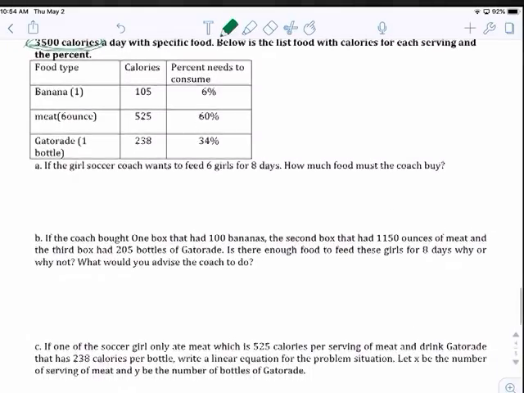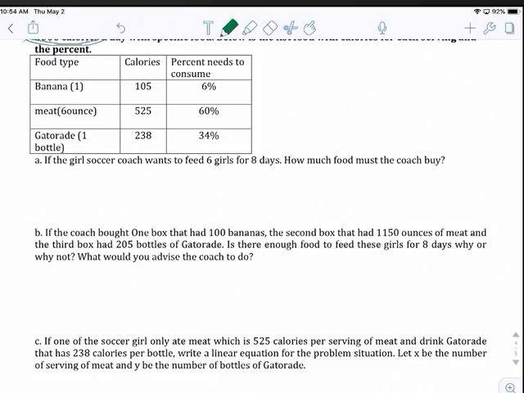If one of the girls only ate meat, which is this much calorie per serving, and drinks Gatorade that has this many calories per bottle, write a linear equation for the problem situation. So let X be the number of servings of meat and Y be the bottles of Gatorade.